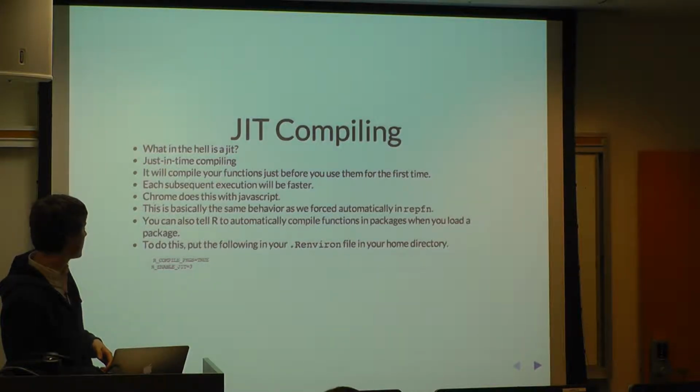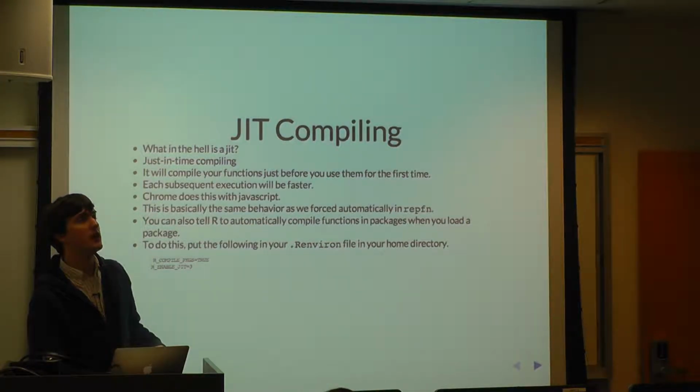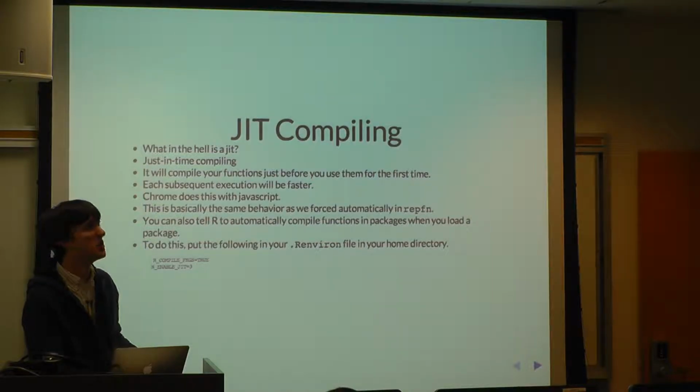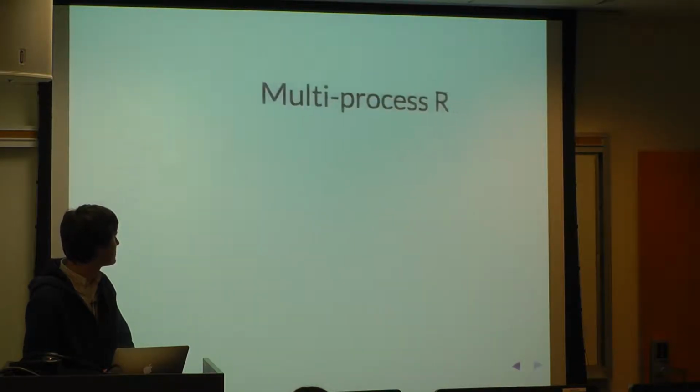In my experience, I've had the JIT enabled for quite a while now, and I haven't noticed anything being crazy slow. My feeling was, I don't know if it's a placebo effect, that it did speed things up quite a bit, and it's fairly simple to use, so I like it.